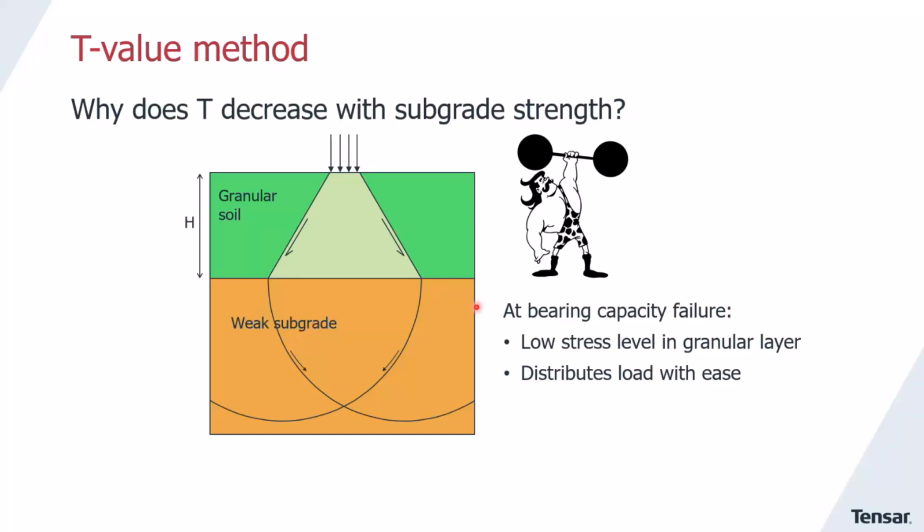So the analogy that we're using is this little gentleman, this very strong man, lifting a relatively light load up and trying to hold it up. So when there's very little effort needed to carry a light load, or one has a strong subgrade, the transfer efficiency is very efficient.